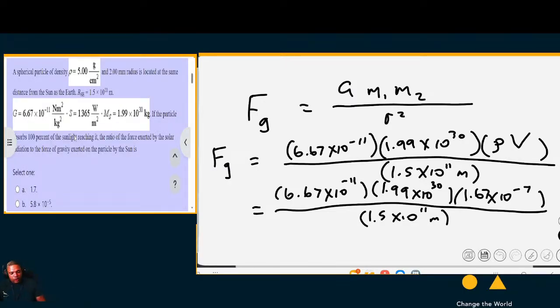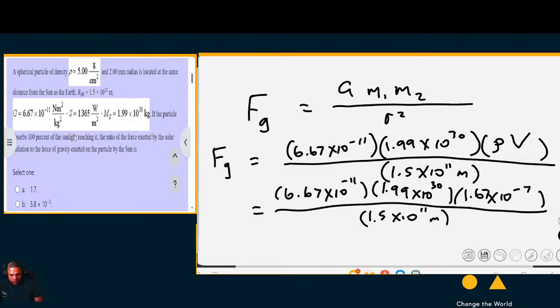And I want to just check something before I also type it in. On my calculator, I have the actual scientific calculator here. Let me just show you. I'm using this calculator here.